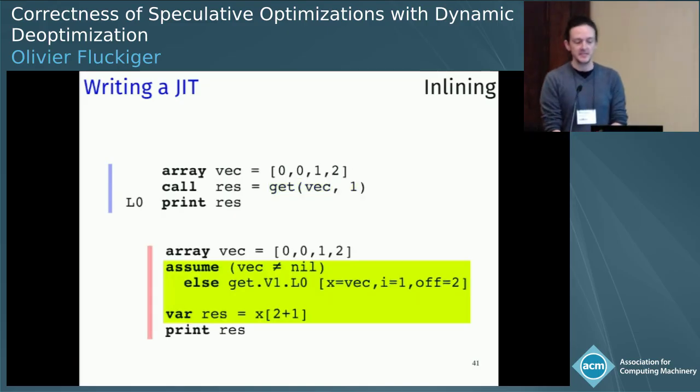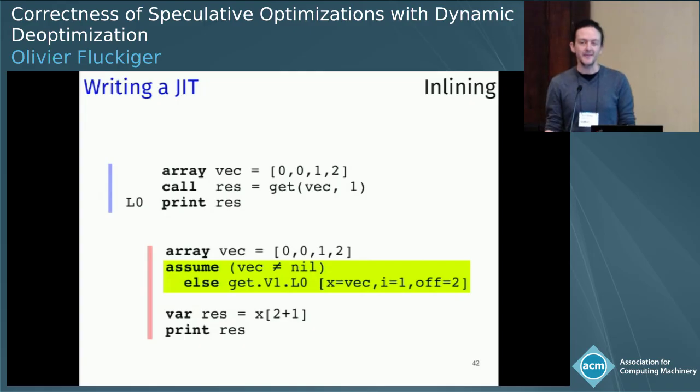Here I just took the code of our previous get function and inlined it into this main function. You can see the array is now called vec, and i is actually 1, because that's the argument to that call. And the interesting part is I have inherited a deoptimization point.